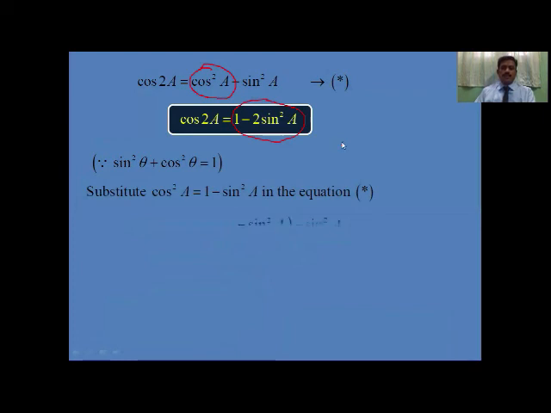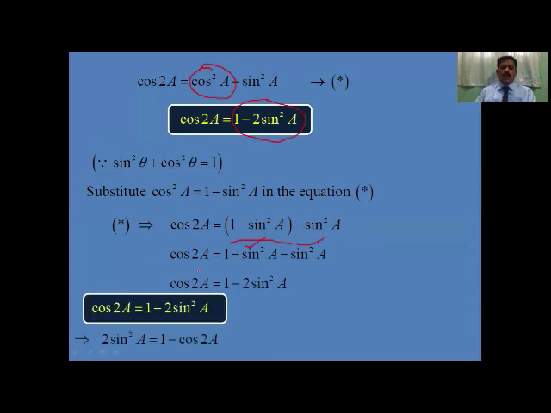The star equation implies cos 2A = (1 − sin²A) − sin²A. This can be written as 1 − sin²A − sin²A. These two terms are the same, so we can add and write cos 2A = 1 − 2sin²A. We can rewrite the term: this goes to your left side, and we can take this cos 2A to your right side, and we get the term as 2sin²A = 1 − cos 2A.